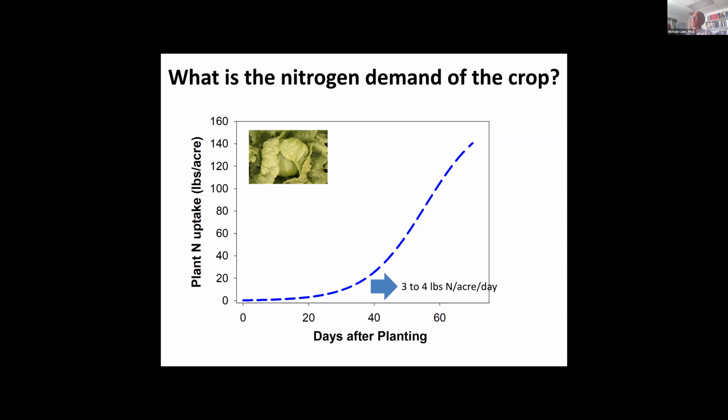So early on, for example, a lettuce crop takes up very little nitrogen for the first 30 days, but after about 30 days, the uptake rate increases a lot to 3 to 4 pounds of N per acre per day. And so for different commodities, these uptake curves will vary.